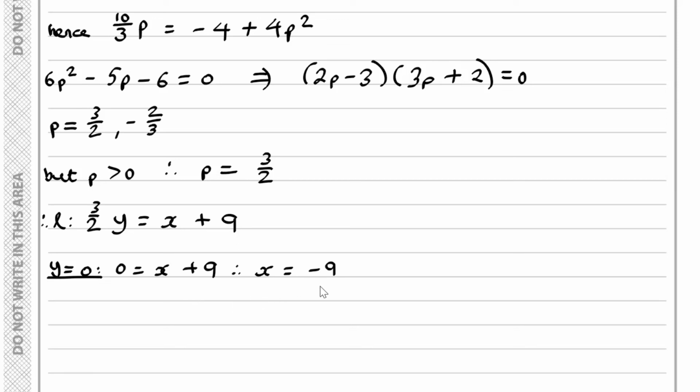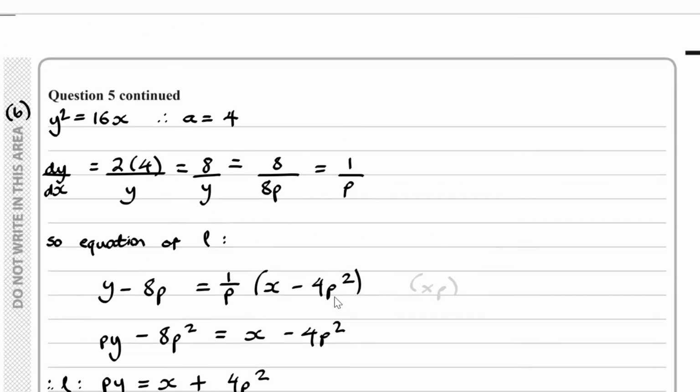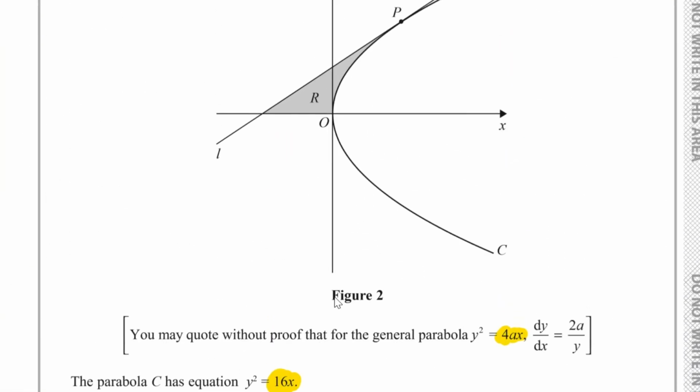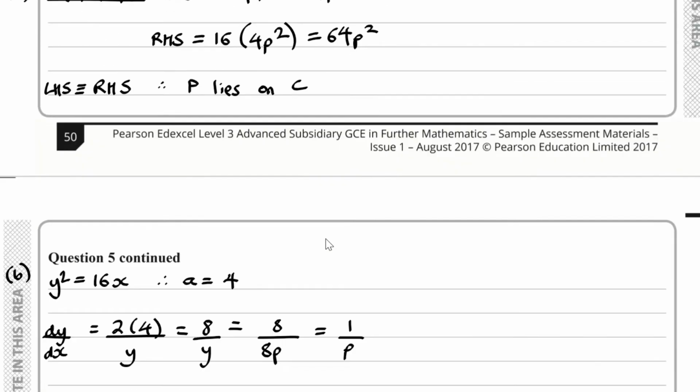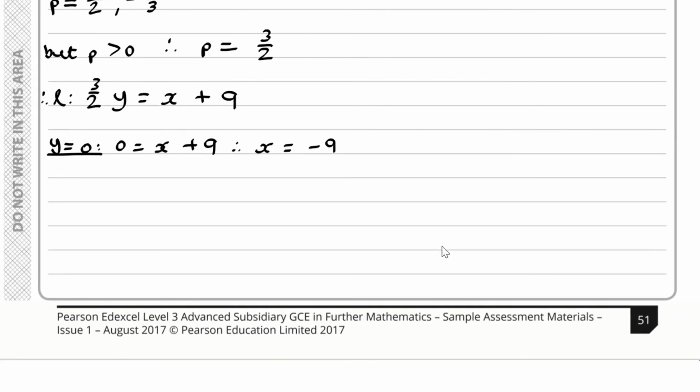Knowing that x is equal to minus 9, well, let's just add that into the diagram. We have minus 9 over here. And what we can now do is find the coordinates of P, because we know what P is in terms of little p, that's (4p squared, 8p), and we know what the value of p is, that's 3 over 2.